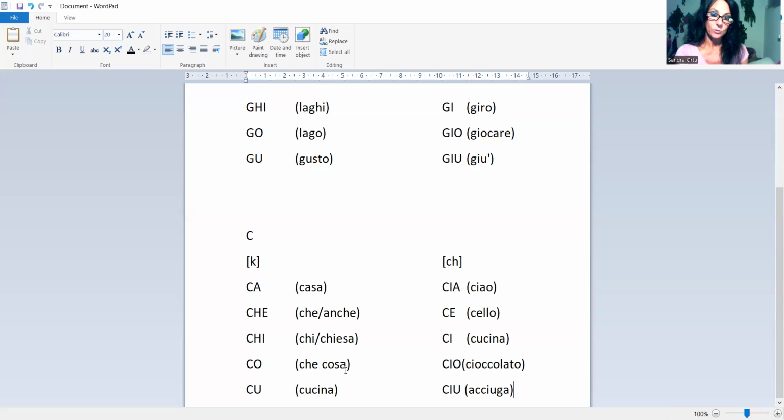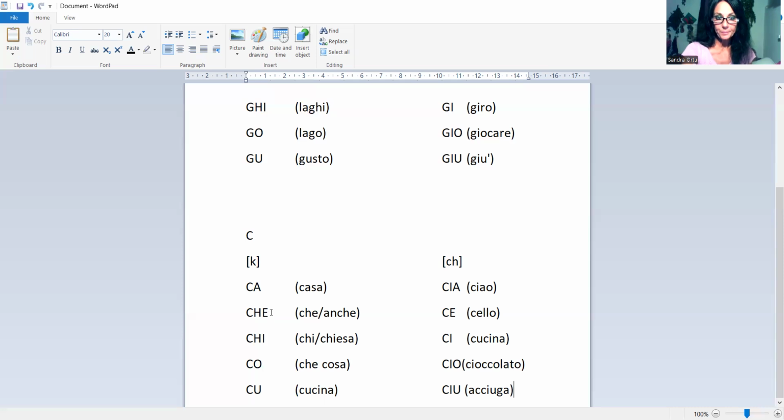Cosa, in che cosa, which means what, again. And then cu, and the word I've chosen is cucina. Cucina is kitchen and also cuisine. So here you can see again the letter H, which is silent in itself, but it helps to make the hard sound K.